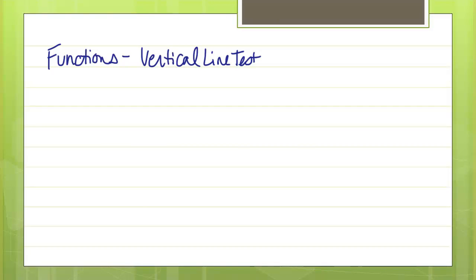So we've talked about functions as far as what they are. We talked about the vertical line test, and that's really just to test if something is a function, right? So we said if I have a point here and a point here and a point here, it's not a function because I can draw a vertical line through those 2 points.